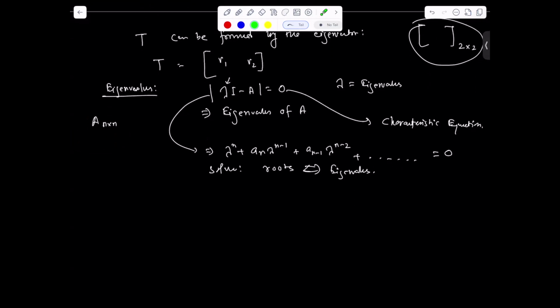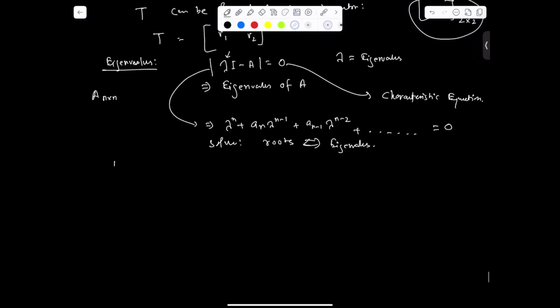As you know, the eigenvectors, eigenvalues and system matrix satisfy the following equation: A vi equal to lambda i vi.